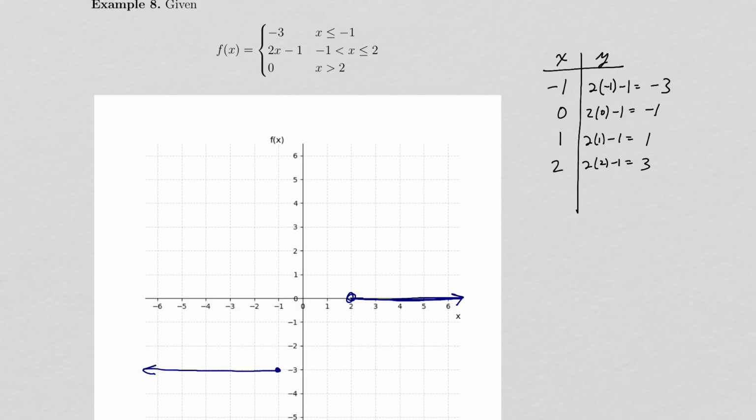So if I plot these, right, if x is -1, it's -3, so that's here again. If x is 0, it's -1, that's here. If x is 1, it's +1, that's there. If x is 2, it's 3, and it's including that endpoint, right? So that's a filled-in circle.